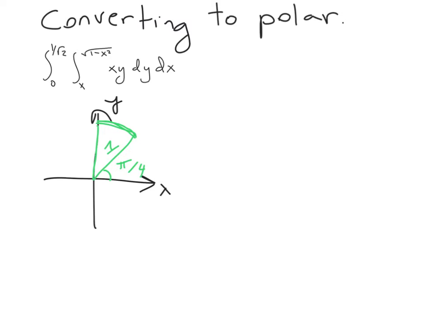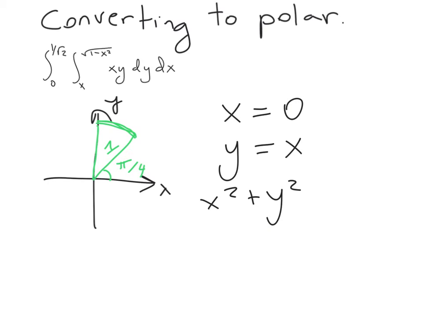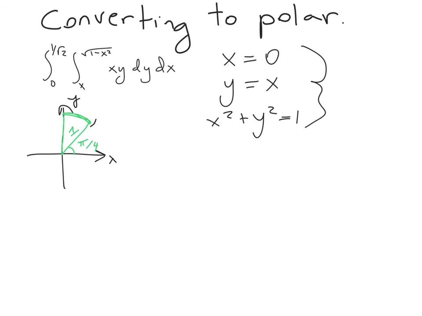So one way to rewrite the bounds is to think about the equations. It turns out that 3 equations define this region, and they are x equals 0, y equals x, and x squared plus y squared equals 1. We can rewrite each of these equations in our new coordinate system. X equals 0 means that r cosine theta is equal to 0.